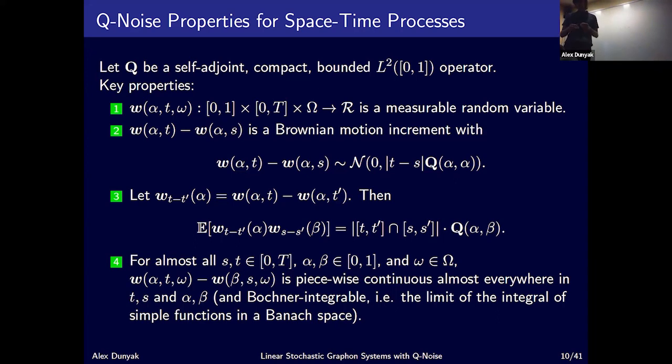Then they have the covariance that you would expect if you have two time intervals between two points. The covariance is the overlap of the time intervals times the covariance operator Q evaluated at the two points. And finally, we're going to require them to be piecewise continuous almost everywhere, and Bochner integrable, which is just an extension of the Lebesgue integral.